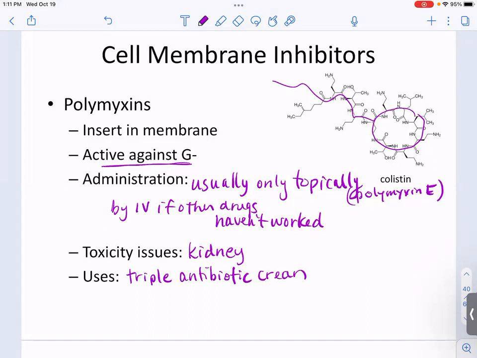And then we have polymyxin B. So there's polymyxin E and polymyxin B. Those are, again, the two polymyxins that are in clinical use right now.